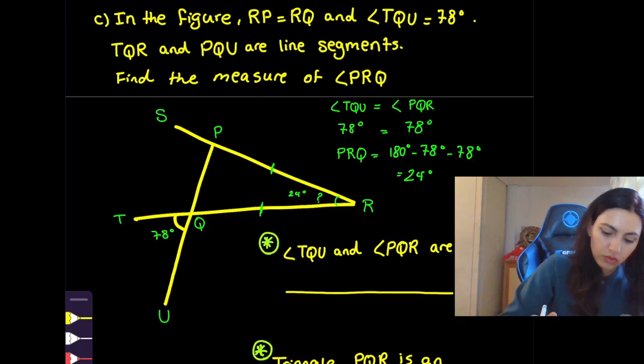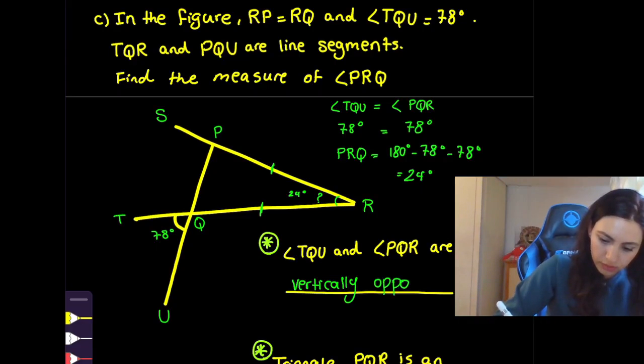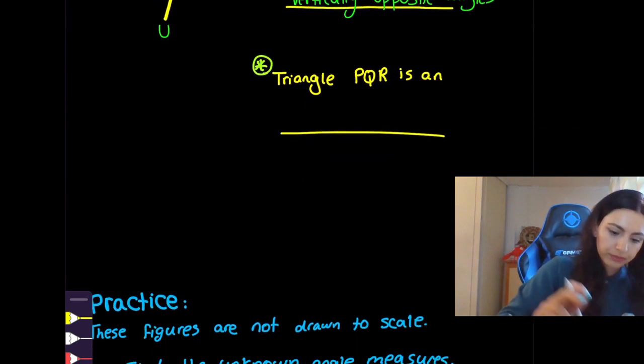So TQU and PQR are vertically opposite angles, as I just mentioned. That's why both of them were 78.